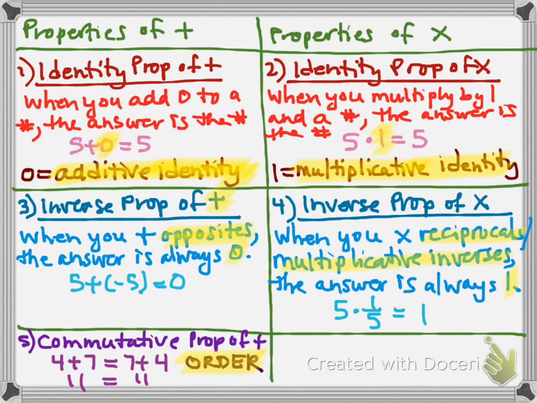Okay. And the same rings true for the commutative property of multiplication, number 6. The order I multiply doesn't change the outcome. So our example would be if I had 4 times 7, it should give me exactly the same answer as 7 times 4.